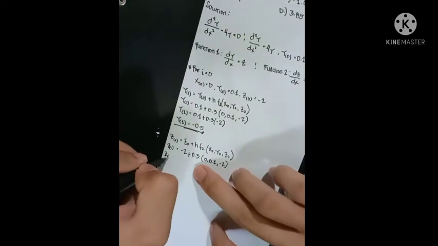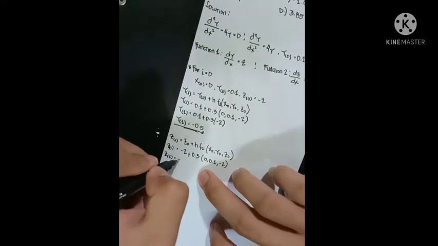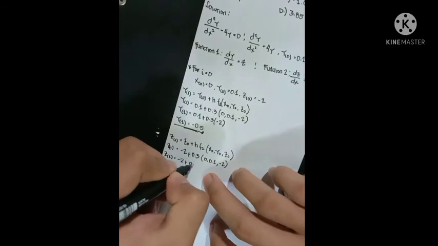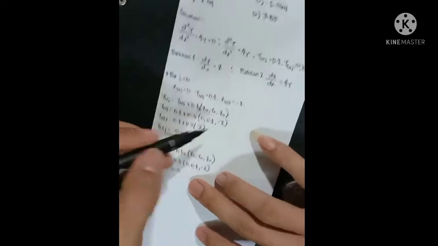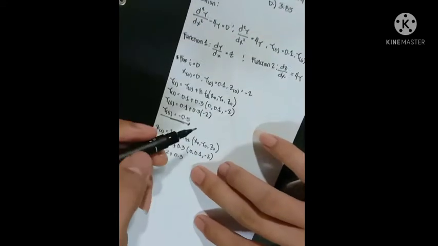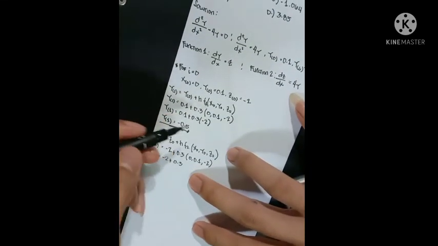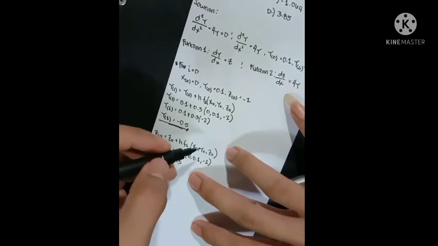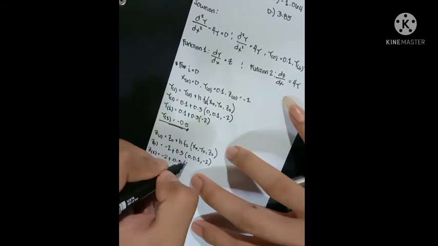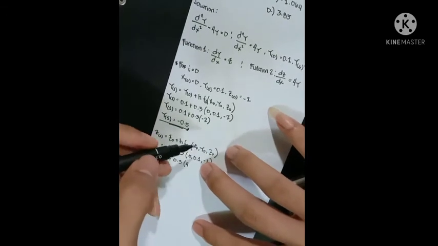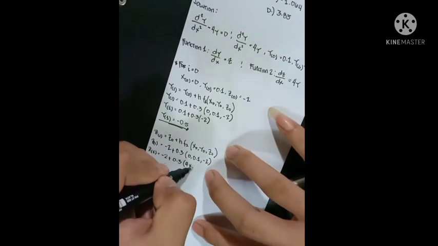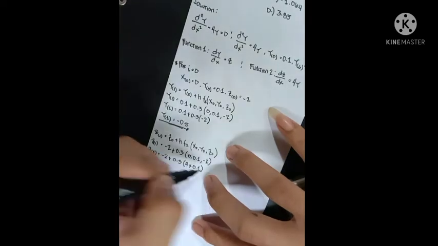So our z1 is equal to negative 2 plus 0.3 times the function 2, which is 4y, or 4 times y0, which is 0.1, so times 0.1.